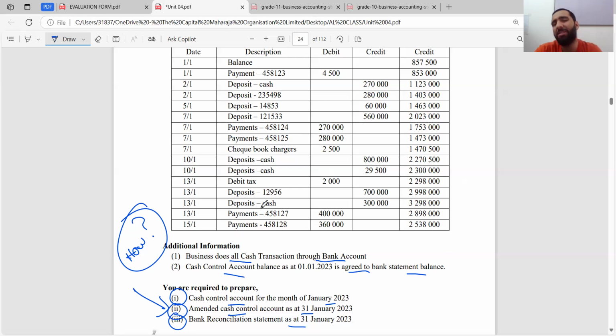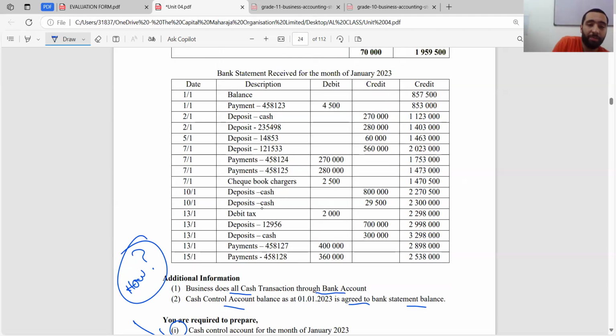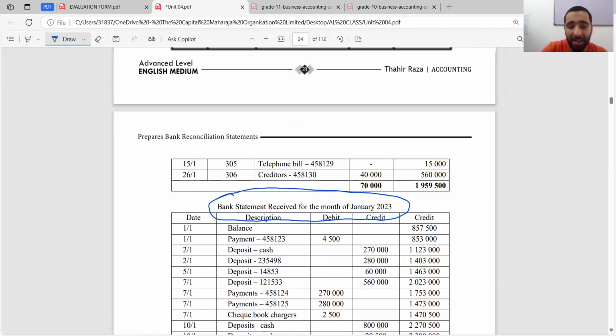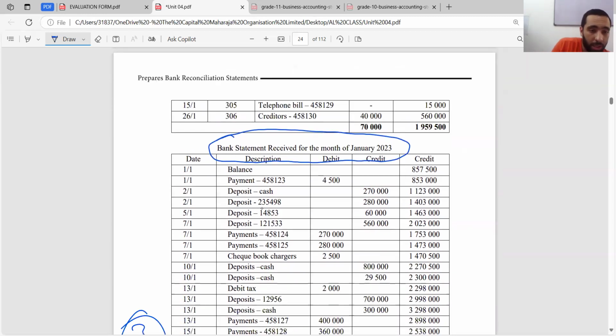So what you have to do, very simple. Now see, what is this? This is the bank statement. Listen to me very carefully. Now you have to reconcile the items which are in the bank statement but not in the cash control account.